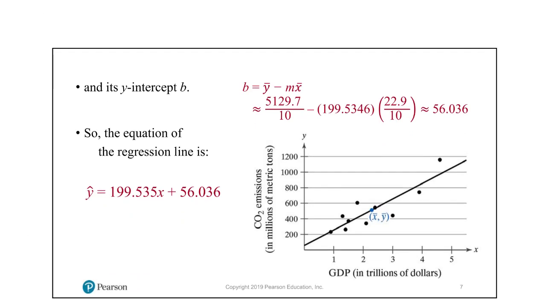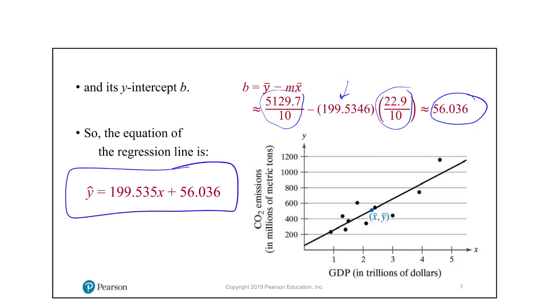Then using that slope and a y bar and x bar, we get that as your y-intercept, your b value. And in that way, we get the regression line. And notice there is x bar, y bar, which is indeed falling right on the line of best fit.